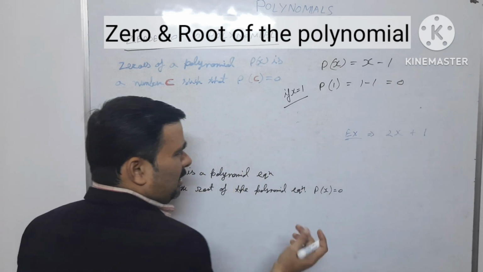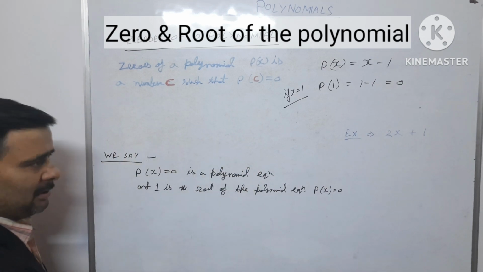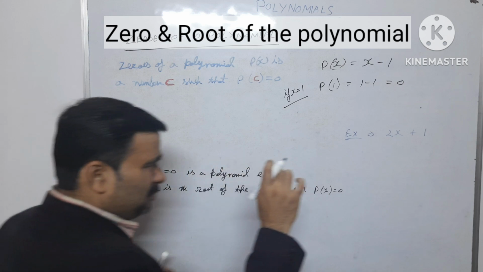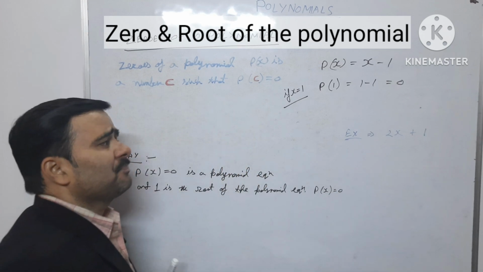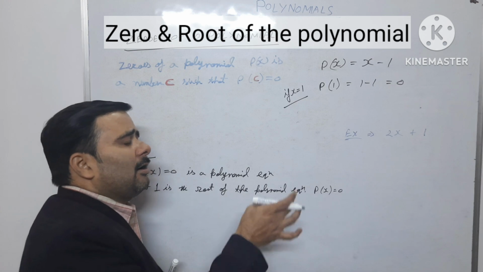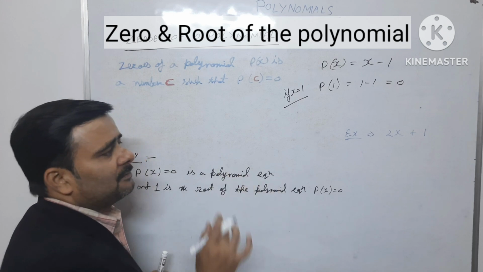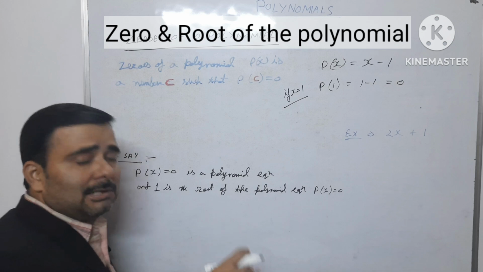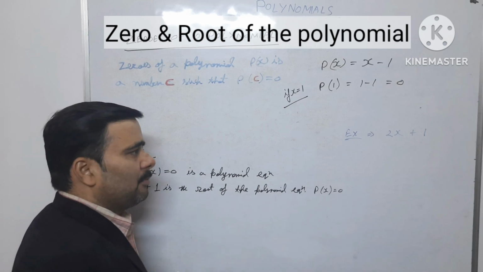If anyone says to find the root of this polynomial, the root will be the value which, after putting it in, makes the whole polynomial equal to 0.